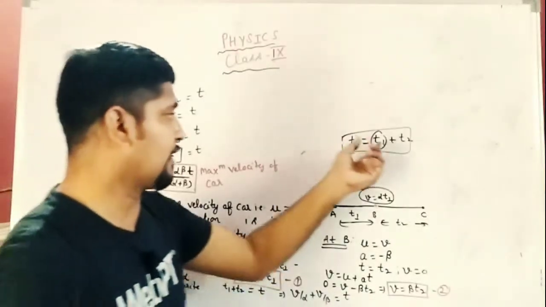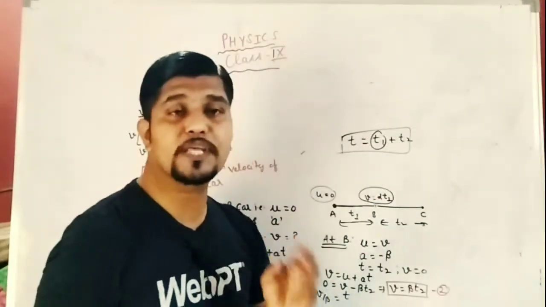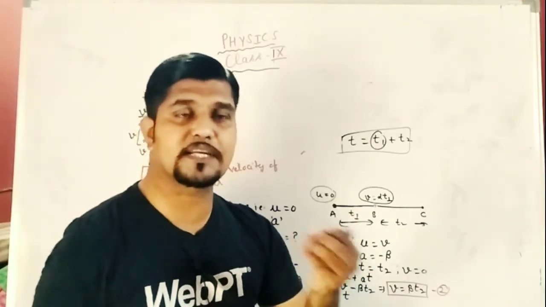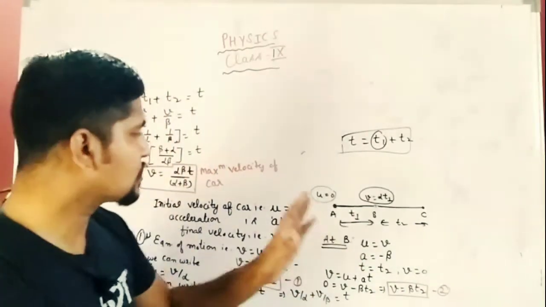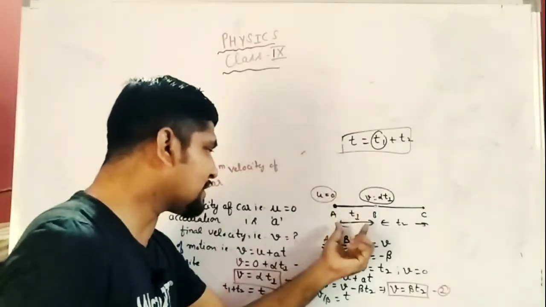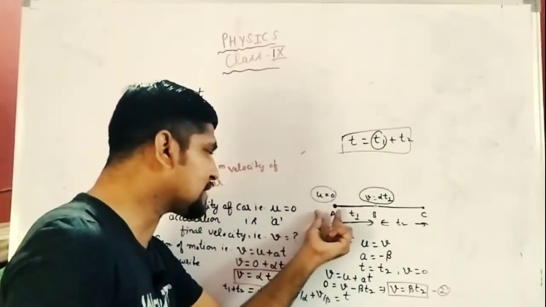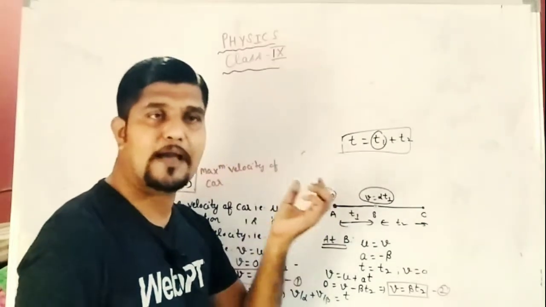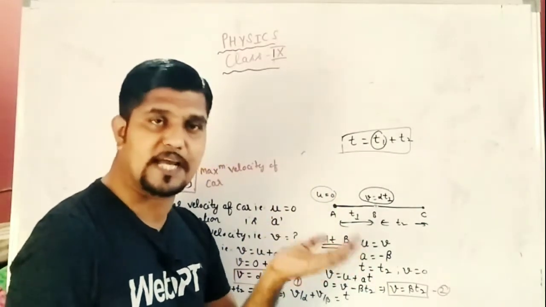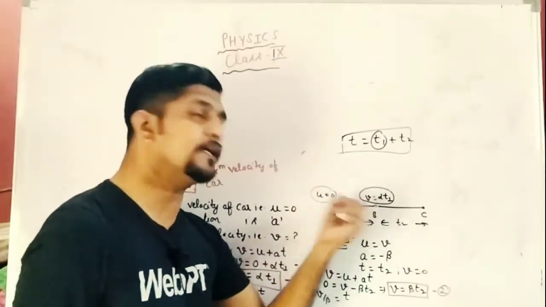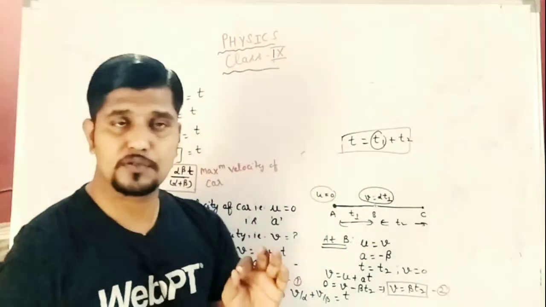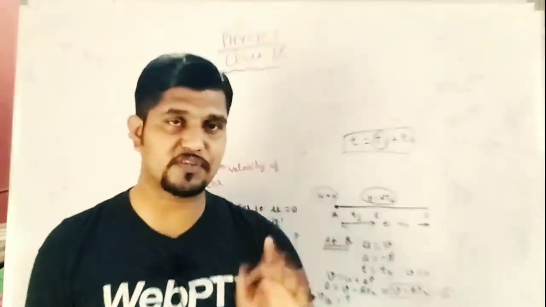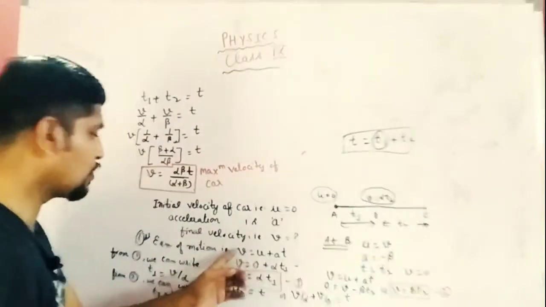So t1 is the time during which the car is accelerating from rest at a constant rate alpha. For the time t1, when the car starts from A, the initial velocity is 0 and it is accelerating at a constant rate alpha. When it reaches B, it has some final velocity. We found that final velocity using equation of motion number 1, that is v is equal to u plus at.